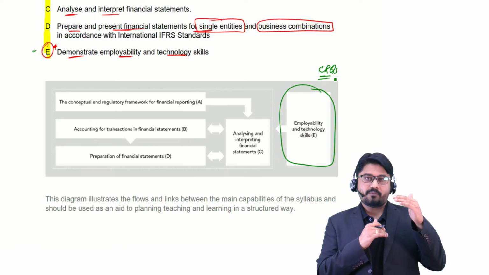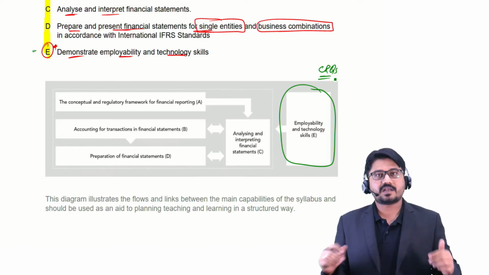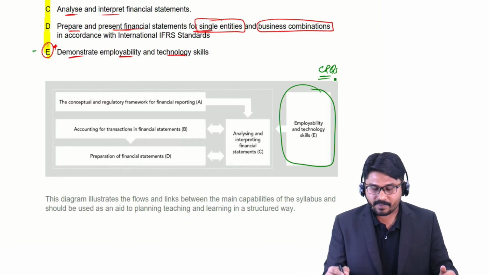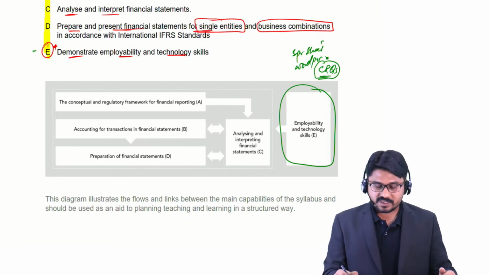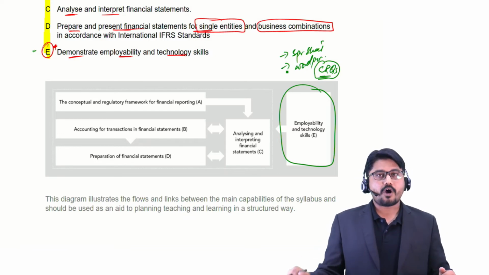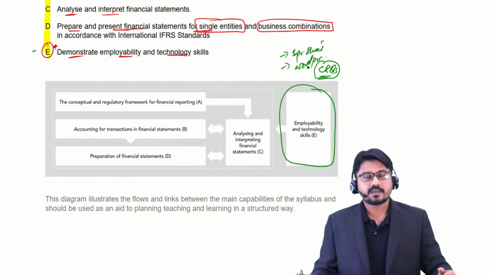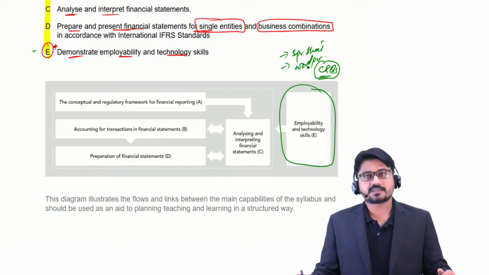We prepare the P&L of the company. We prepare a statement of financial position of the company. Same, we have to prepare using the spreadsheet and word processing area. Where to use the spreadsheet? For performing any calculations. And where to use word processing? To answer any theoretical areas of the question.